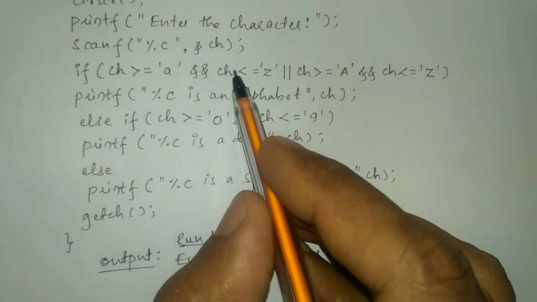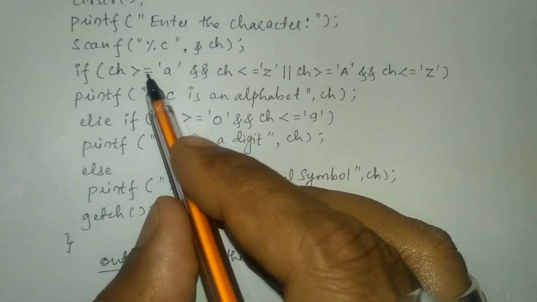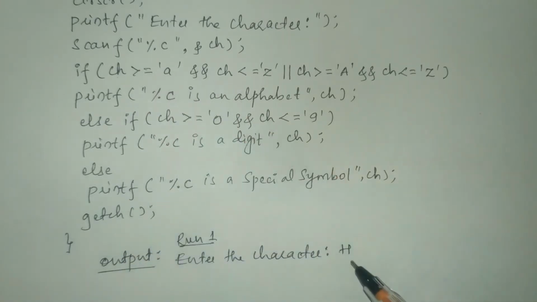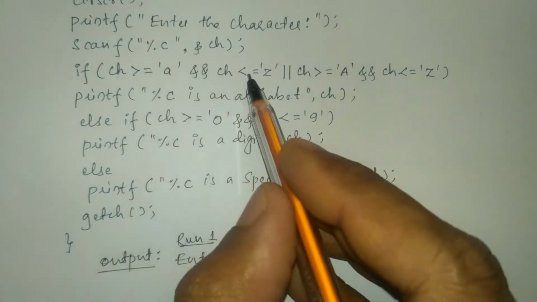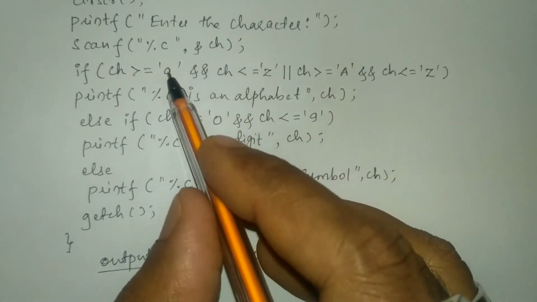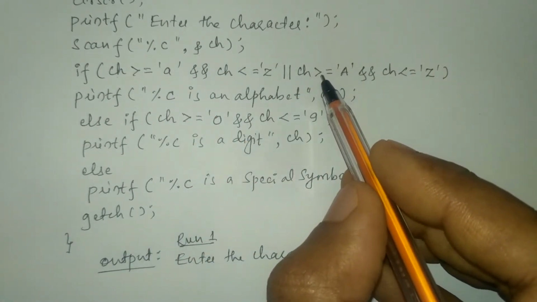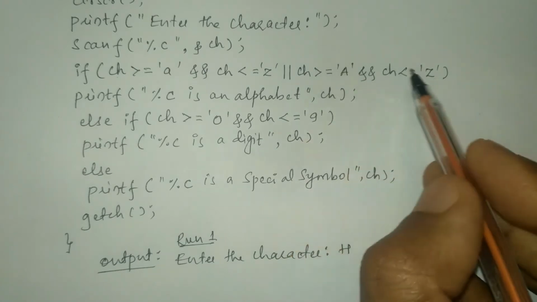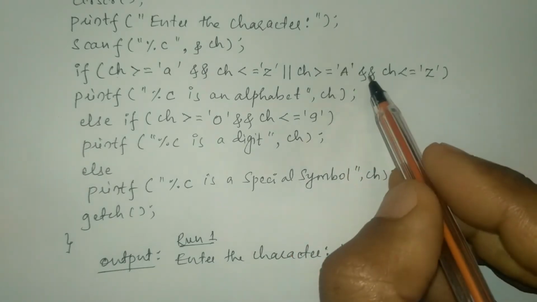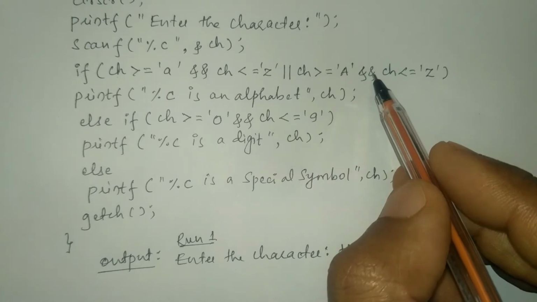This is false, correct? Here ch is greater than or equal to lowercase letter a, it is false. False and false is false only, right? Next, here you can see this is true and this is true. True and true is true because of logical and.